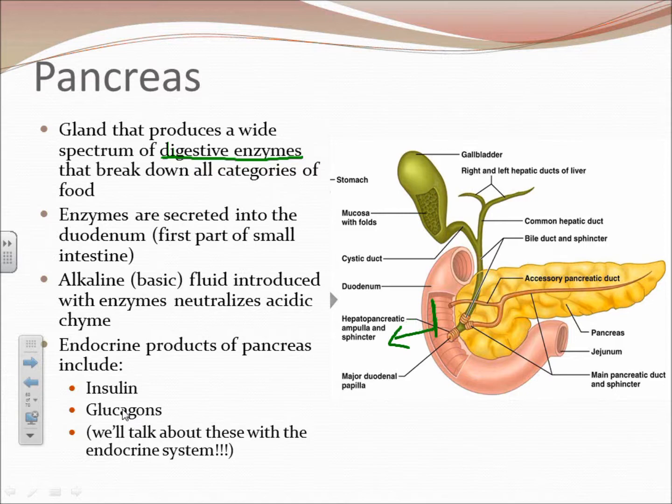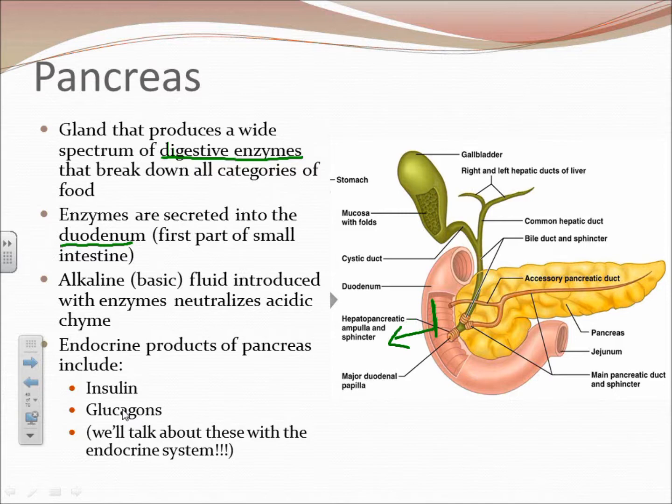The pancreas is connected to the duodenum, and it also secretes an alkaline fluid. If you think about it, the duodenum is right after the stomach. The stomach is super acidic.